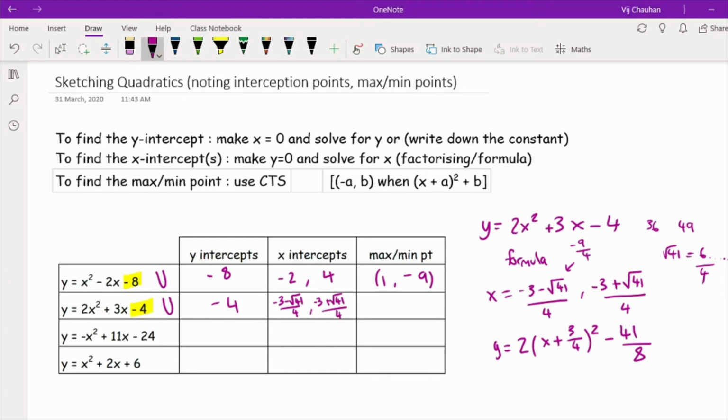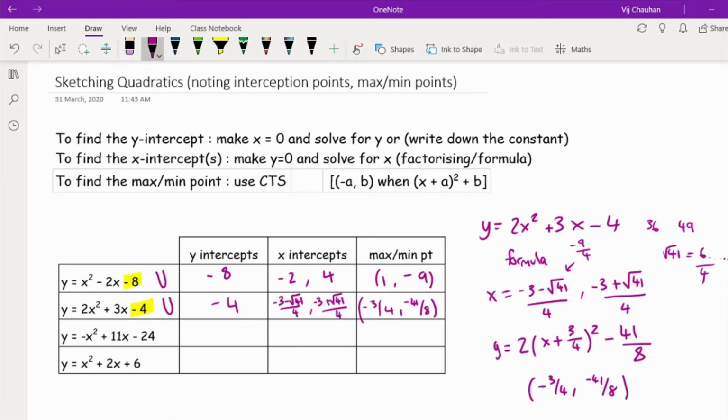And looking at this, I know that my minimum point is going to be at -3/4 and -41 over 8. So there I've got my 3 main points.